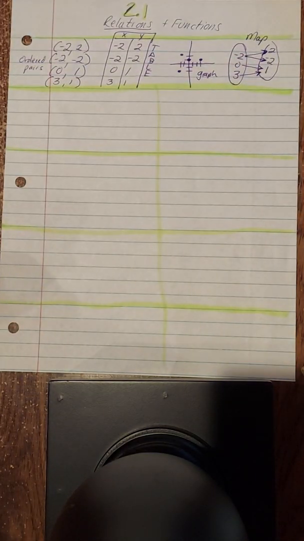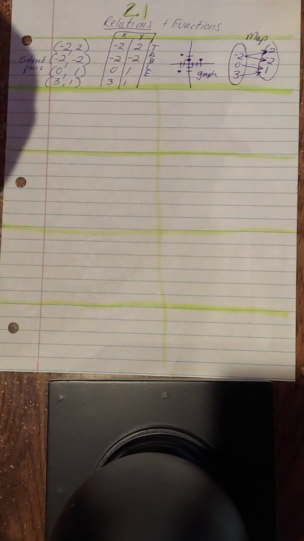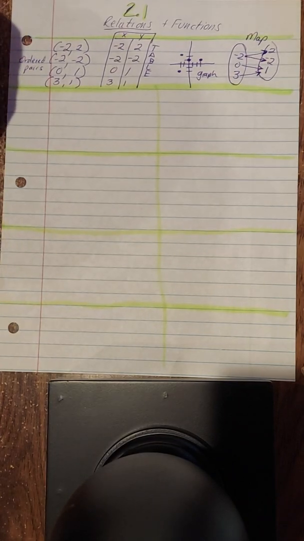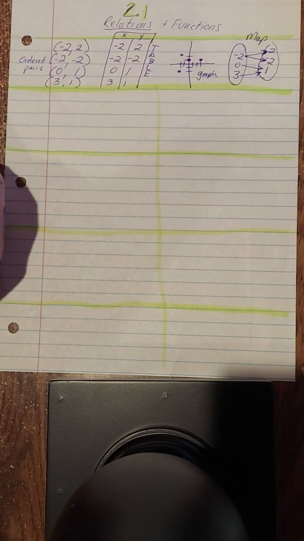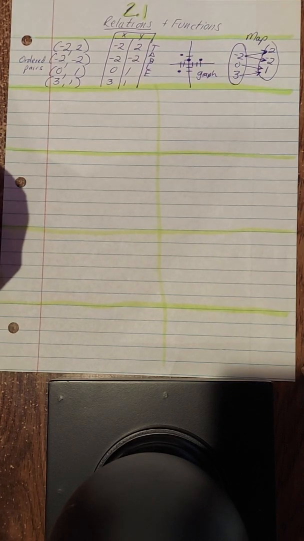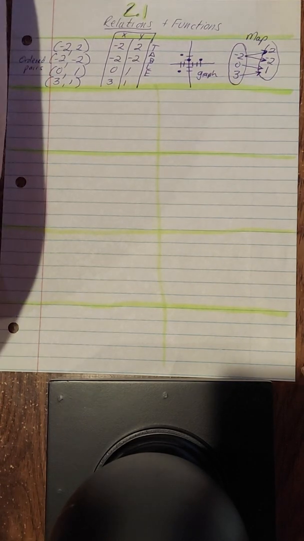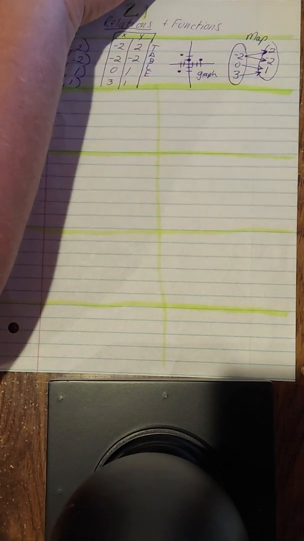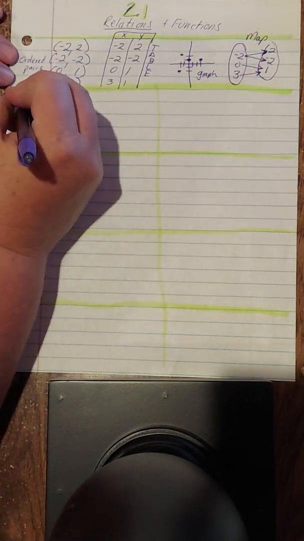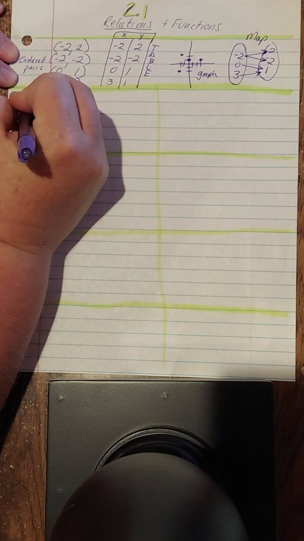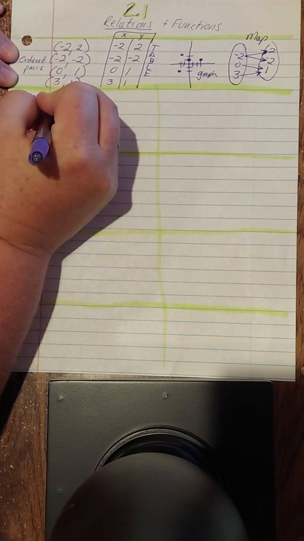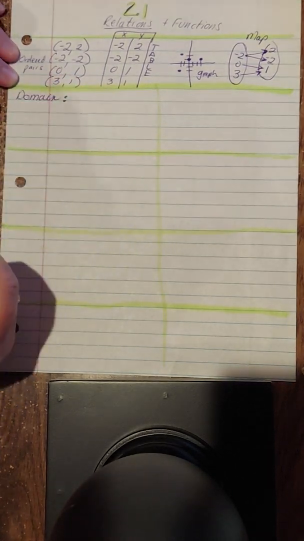Okay, so those are all relations. It's just a group of numbers that doesn't have to form a line, doesn't have to do any of that stuff. It just is a set of points. So one of the first things we want to talk about with these is some of our vocabulary. So what are our domain values?